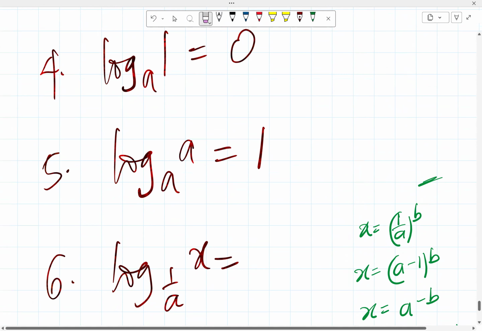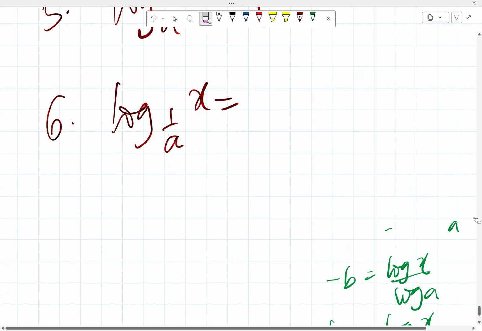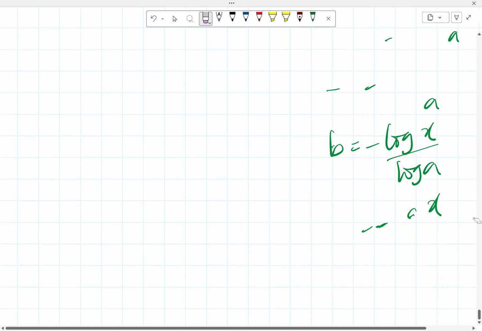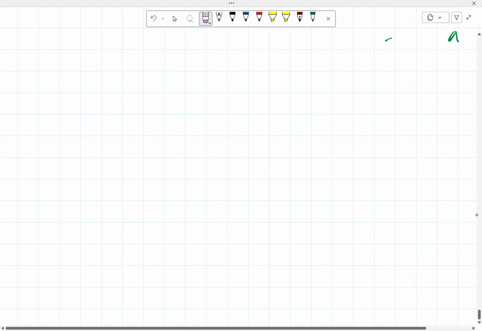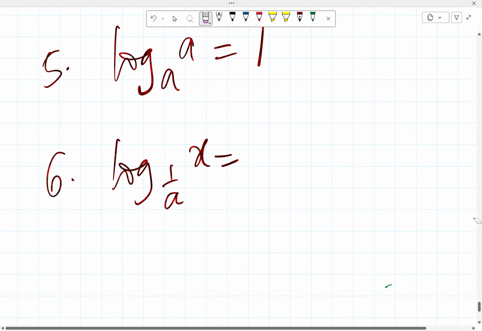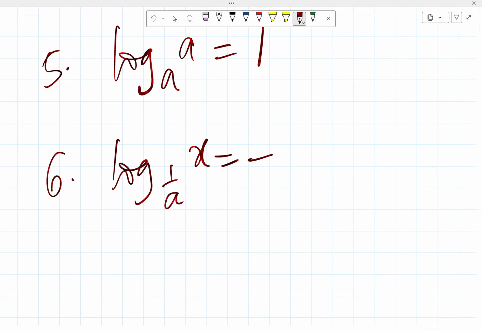Okay, that's all that is about. So we're simply saying that log x to base 1 over a is the same thing as minus log x to base a. So this fractional base introduces negativity into this place.